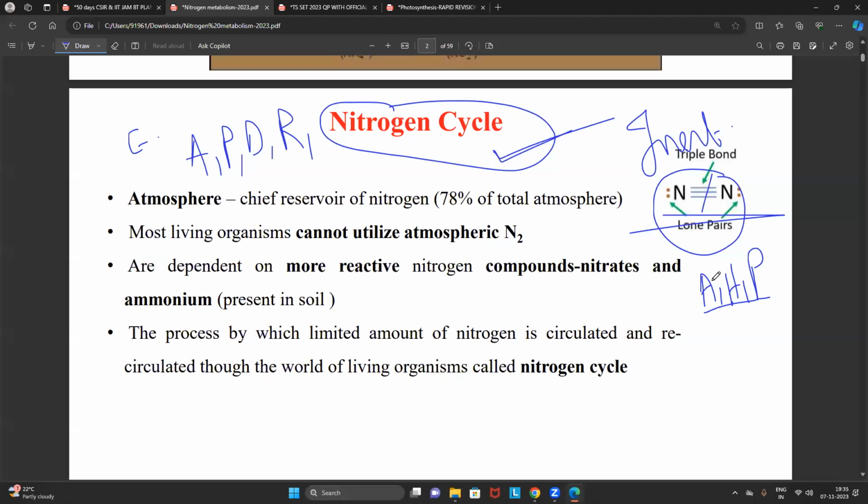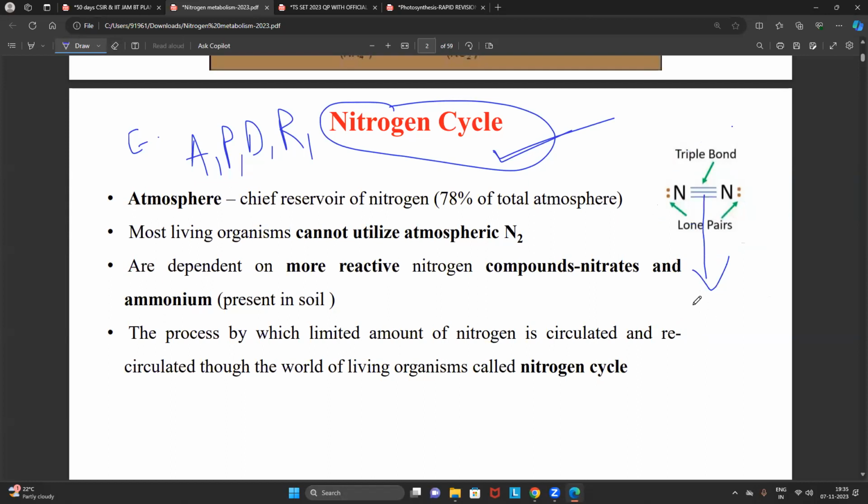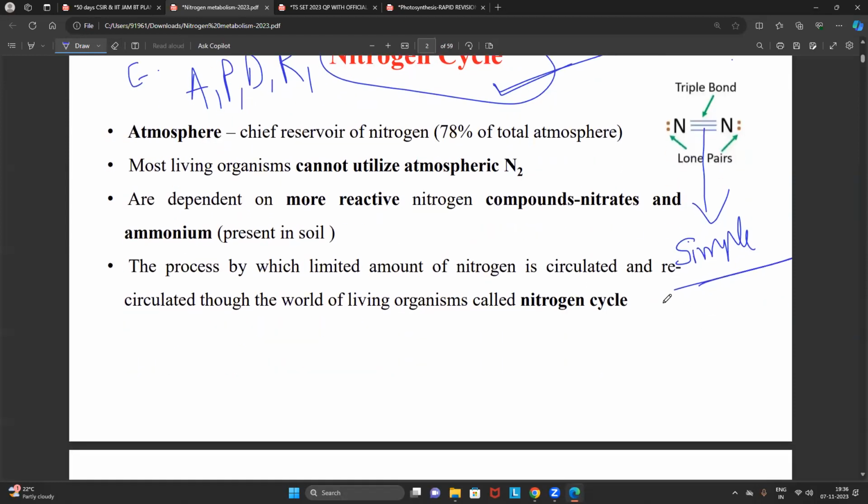The major disadvantage is that no animal, no human, no plant can break it. But we can't survive without nitrogen. So someone has to convert this inert nitrogen into the most simple forms of nitrogen. What were those simple forms? We generally say, right, NO2, NO3, NH3, NH4+.